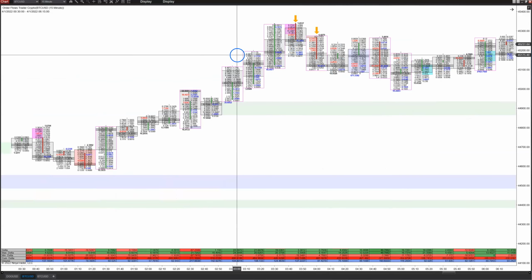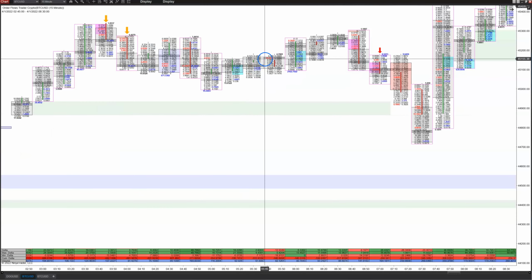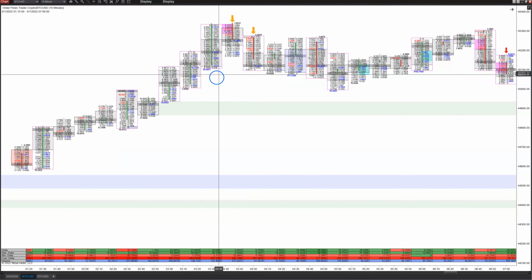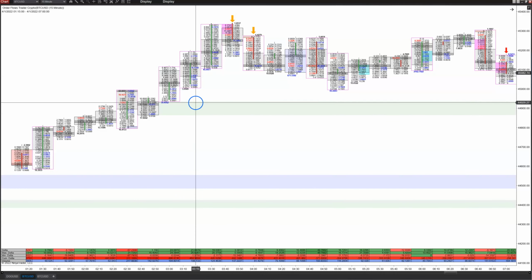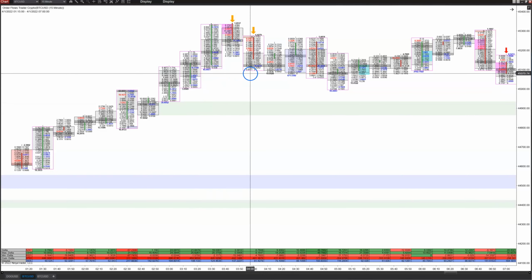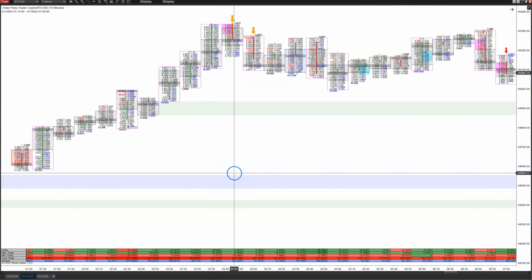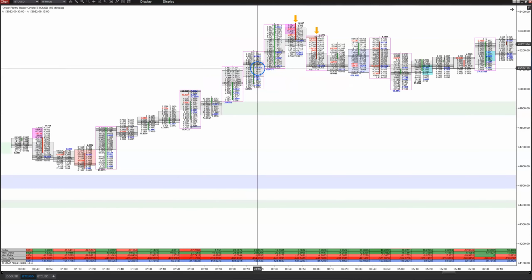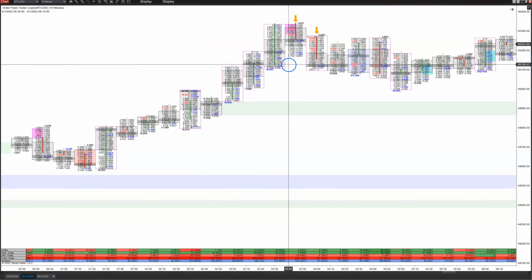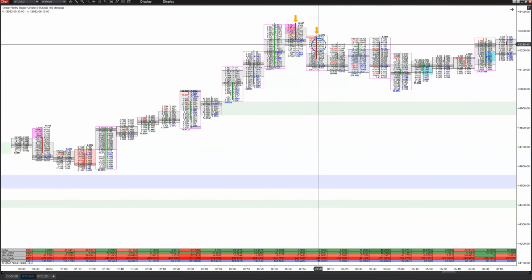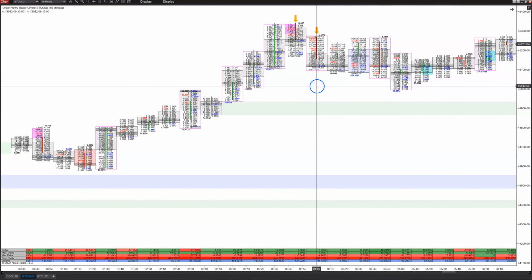And then what was interesting as you're coming up in here, the delta started getting small. Okay, you could see in here, you just had this nice rally up, but then you sort of get up here and you just got these small deltas of 3, of 0.7. So not even 1 Bitcoin is the delta, right? And the delta is the net difference between aggressive buyers and aggressive sellers.